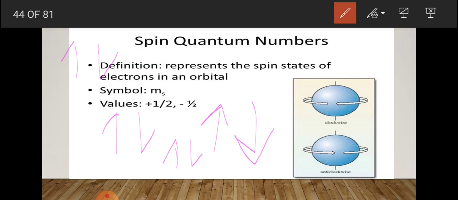The value of M is minus L to plus L, or plus L to minus L, we can write either way. There is no problem if you start from plus or minus, but the values should be there: minus L to plus L including 0. So for L equal to 3, the values will be minus 3, minus 2, minus 1, 0, plus 1, plus 2, plus 3.